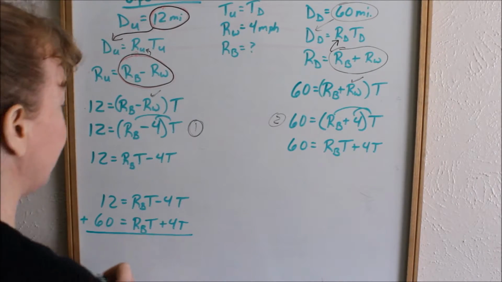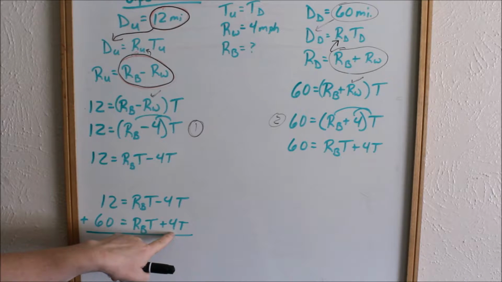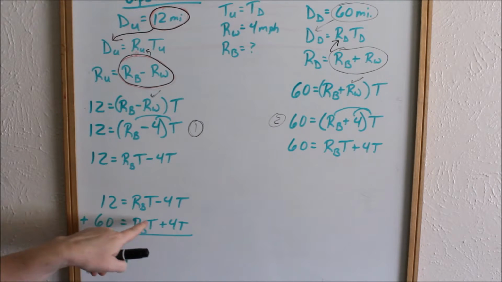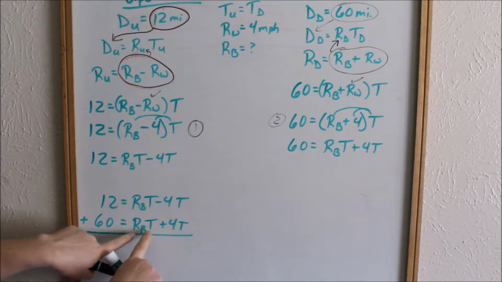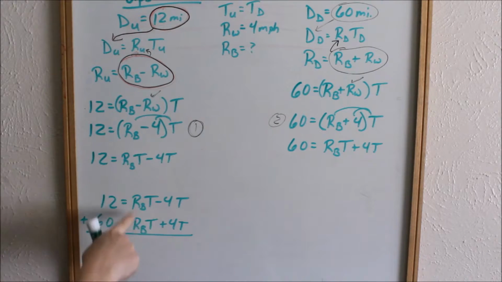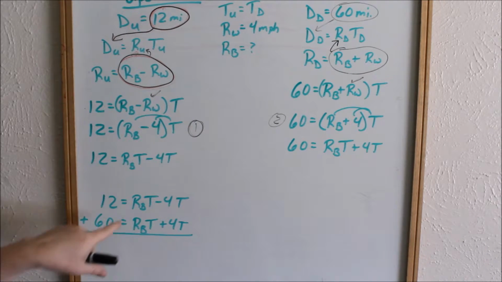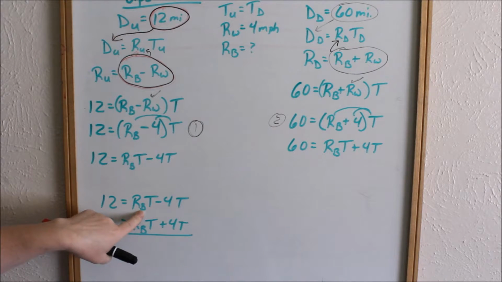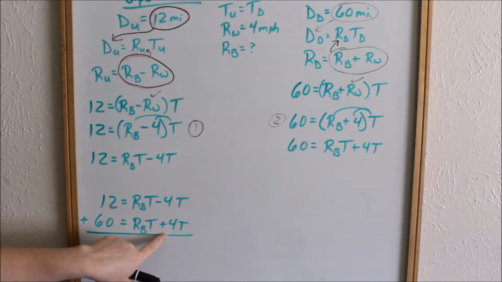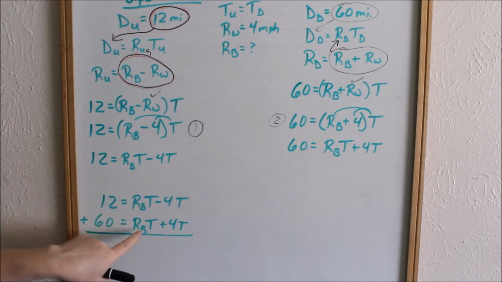If you add them together, you see that your T's eliminate. Don't eliminate those, because you don't want to have two variables you're trying to solve for at the same time. This RBT that looks strange is what you want to eliminate, and then solve for T.